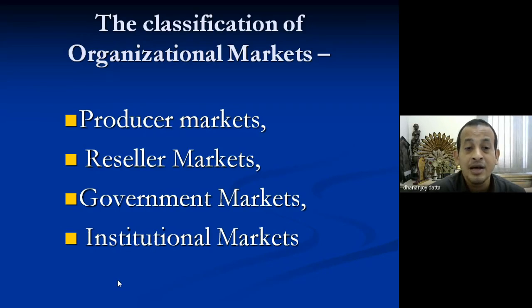And I was telling about the three types of producer market. Number one is the original equipment manufacturer. Original equipment manufacturers are those manufacturers who basically produce the complete final product. For example, two-wheeler companies or four-wheeler companies use tires produced by other tire producing companies, like Hero two-wheelers using MRF tires.